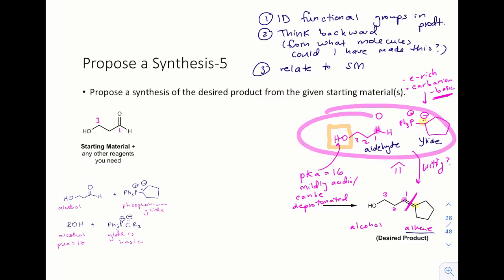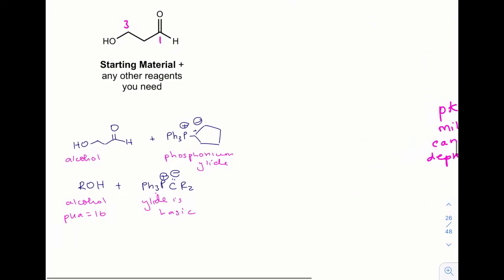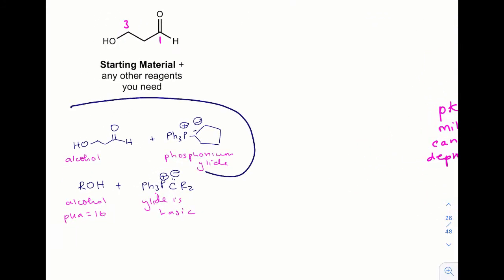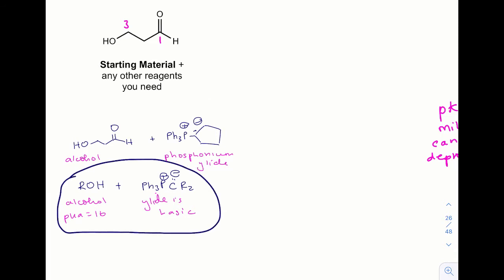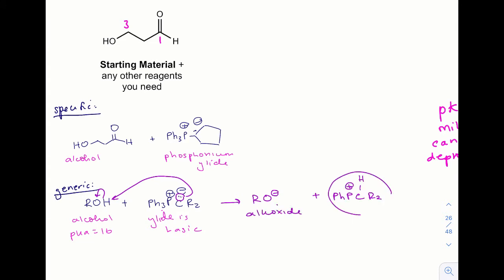I've redrawn these two species on the left side of the screen. Let's investigate that proton transfer quickly there. Here are the specific alcohol and phosphonium ylid involved in this proton transfer reaction. I've also written out a generic example below. We'll draw the arrow pushing on the generic example. The basic ylid can deprotonate the alcohol to generate the conjugate base of the alcohol, which is an alkoxide, plus this species.